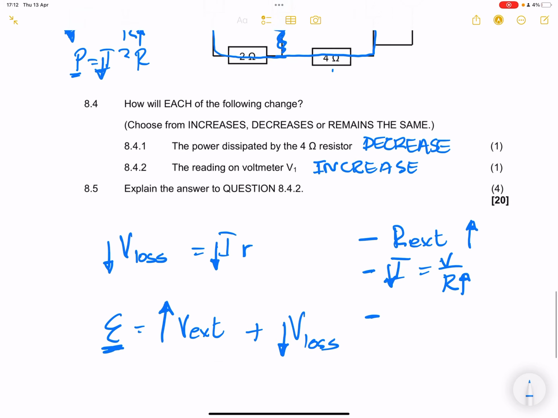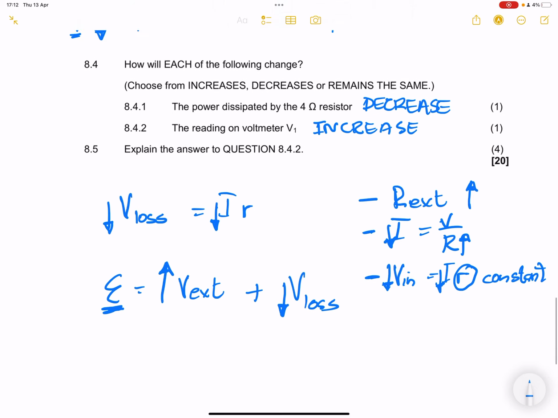Once we decrease the current, V internal, or V loss, which is I times R, because R remains constant, also decreases.